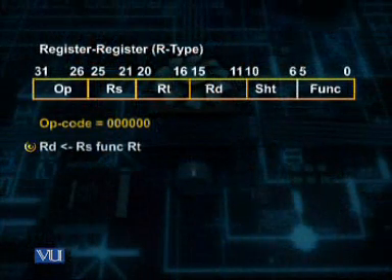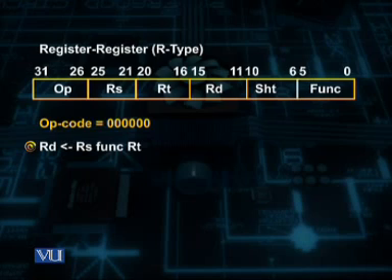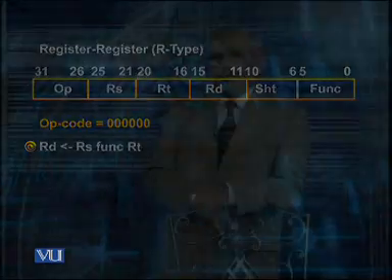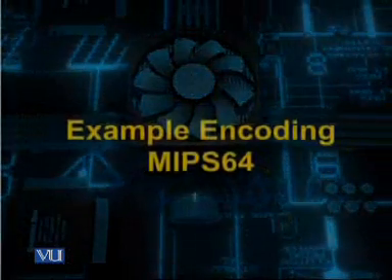So the function here, as you can see, is written in register transfer language: RD gets RS function RT. So when the function is applied onto the contents of the registers RS and RT, the result is made available in the destination register RD.